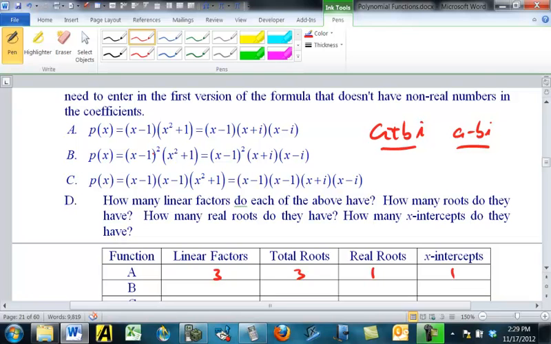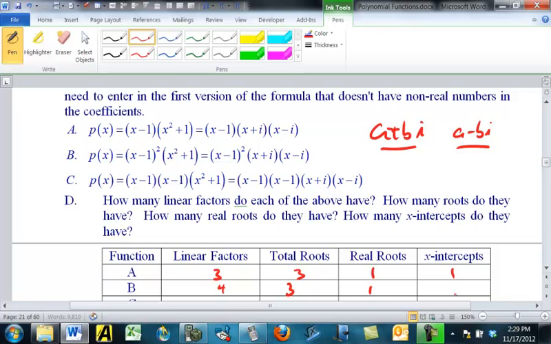In B, you have four linear factors. Two of them are the same, and two are different. So a total of four roots if you count multiplicities, three different ones. But if we count only different roots, there are only three.